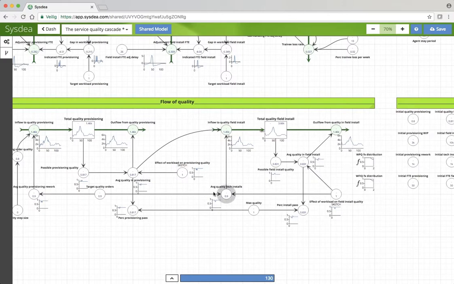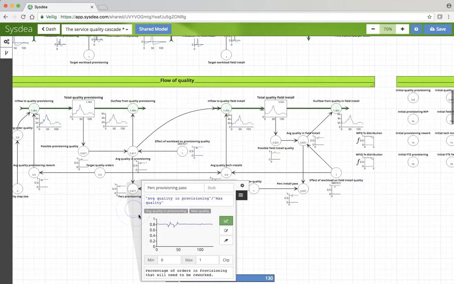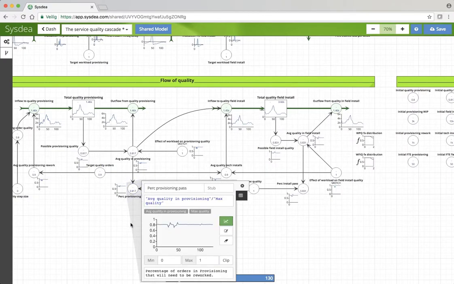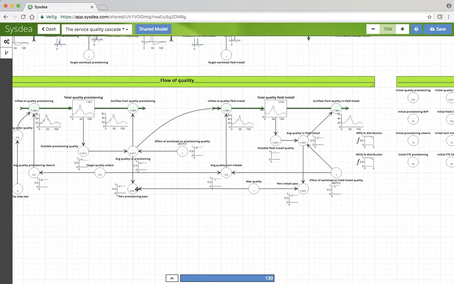There's also a percentage. This quality also results in a percentage of provisioning that actually succeeds, because we divide it by max quality. Max quality isn't 100%, or perhaps it is in this case, but that gives you the percent of provisioning that goes through, the percent of field install that goes through.